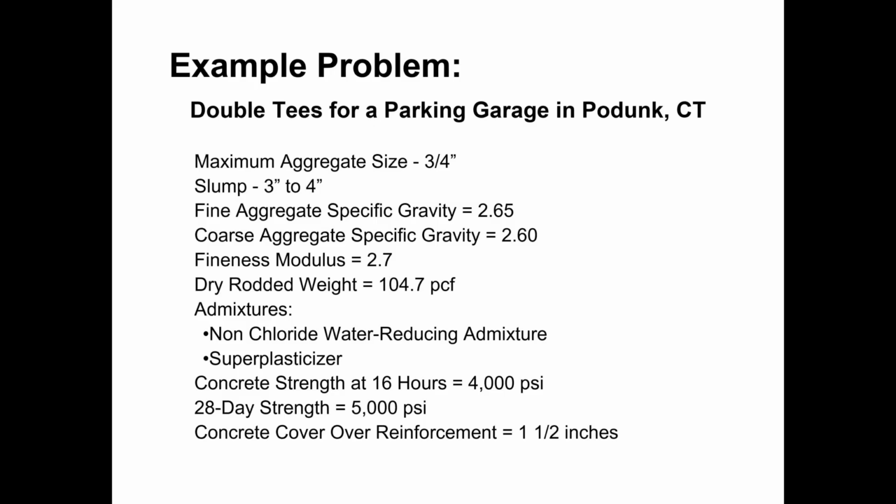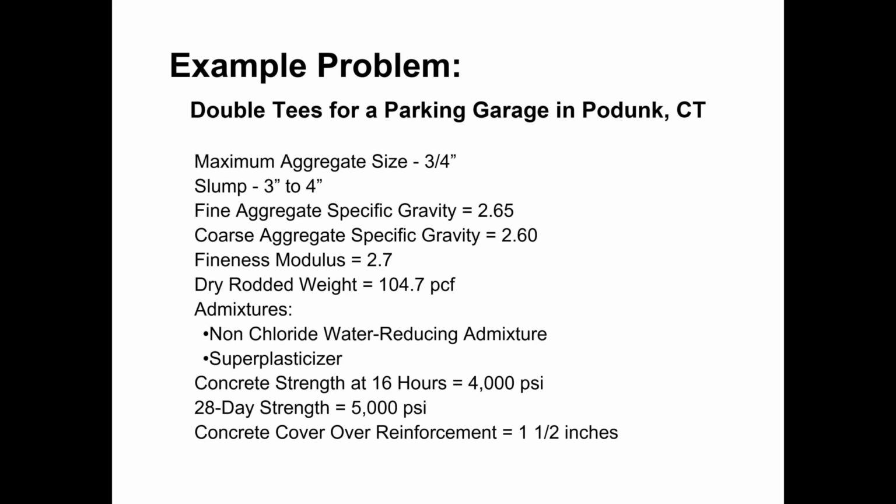We're targeting a natural slump of 3 to 4 inches. Our fine aggregate specific gravity is 2.65. Coarse aggregate specific gravity is 2.60. The fineness modulus of our fine aggregate is 2.7. The dry rodded weight of our coarse aggregate is 104.7 pounds per cubic foot.